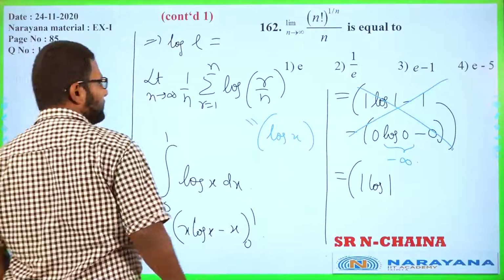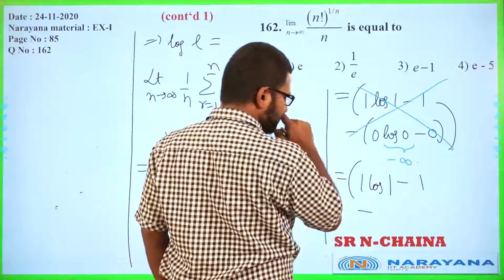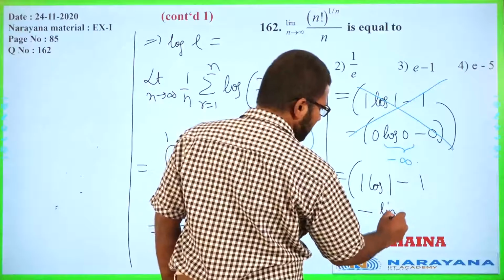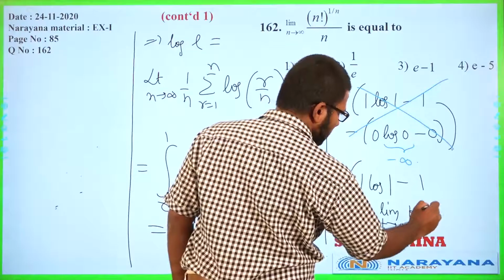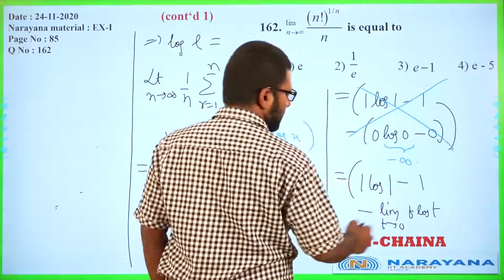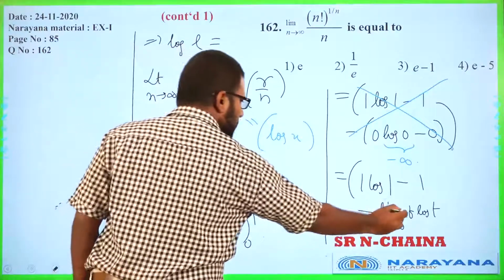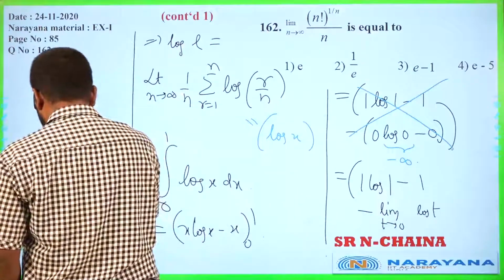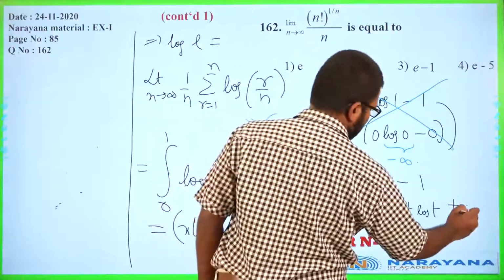1 log 1 minus 1 minus limit t tends to 0 t log t, and then the last term we know there is no problem, so we will just plus 0.